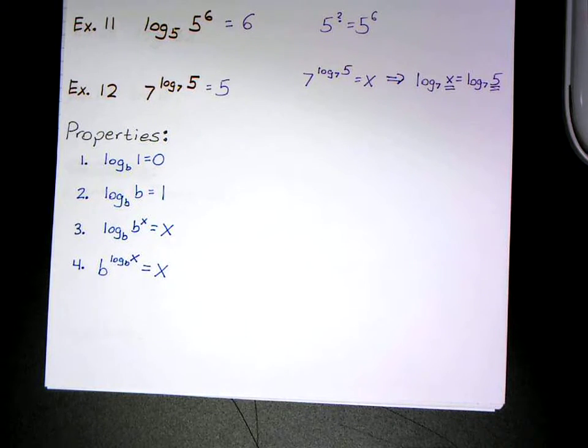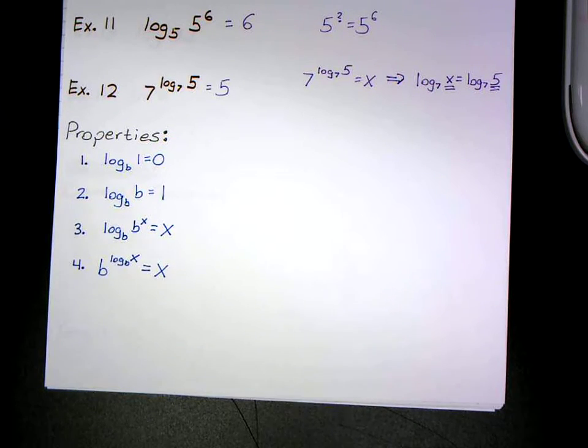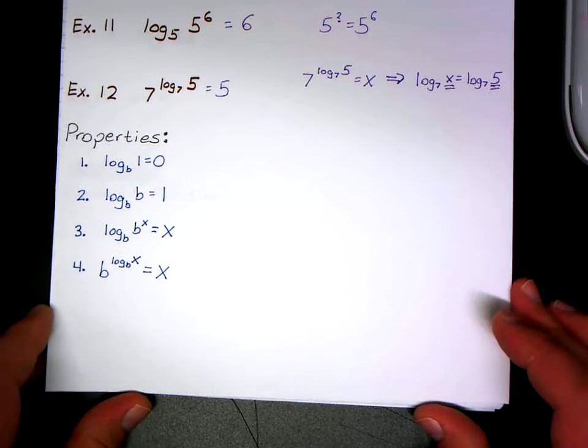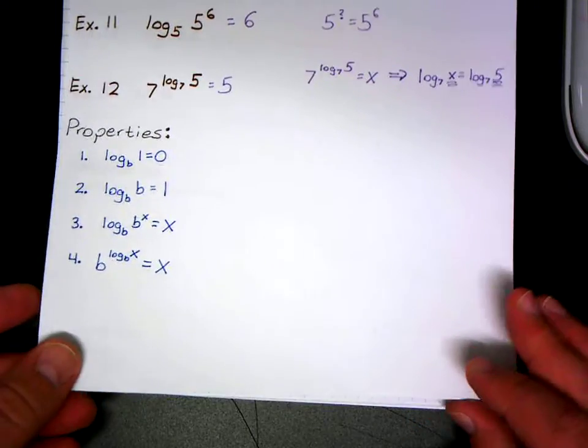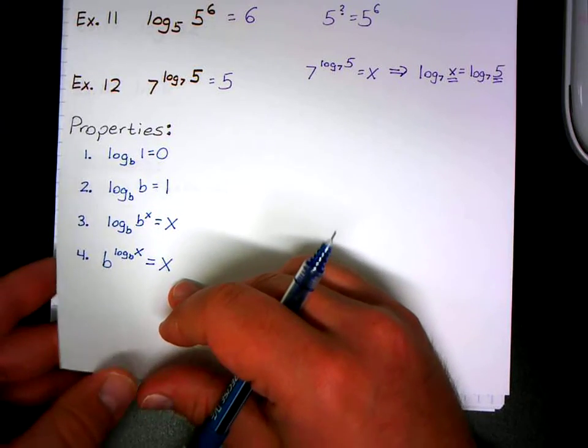Sorry, that was a little small there. b to the log base b of x equals x. There's more properties of that. We'll get into the other properties in the next section. But those are the only properties you need for today's stuff.